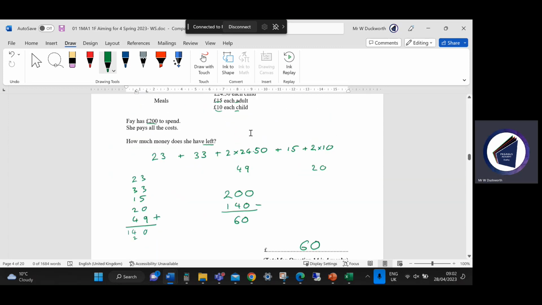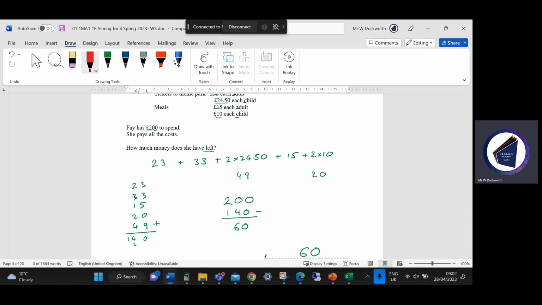Right, and that's it for the page. So marks were awarded on this for P1, for the start of the process to find the cost of the trip. So I picked up my P1 for this line here before I've done anything. It's just a processing mark. We then get a processing mark for working out.